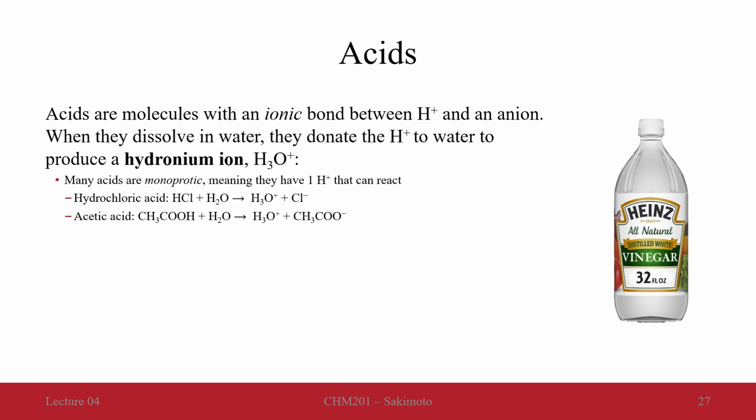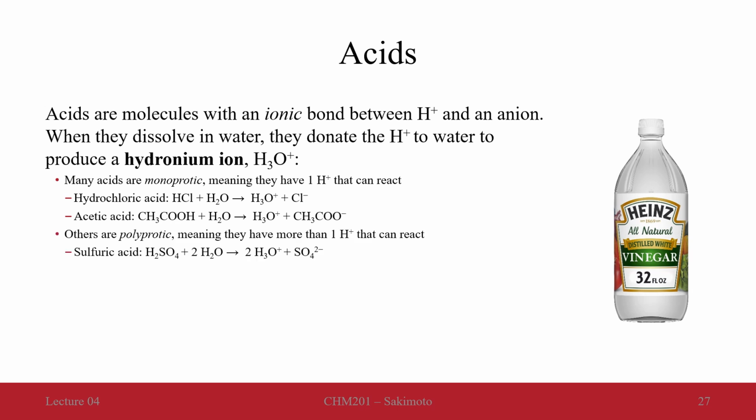These other 3 hydrogens are covalently bonded to the carbon, which is something that we saw with our molecular models from the previous week, as well as from Lewis structures and comparing their electronegativities. So anything with a single H+ to give, we refer to as being monoprotic. Other acids might be polyprotic, with several ionically bonded hydrogens that they could donate. Things like sulfuric acid have 2, phosphoric acid has 3, and so on.